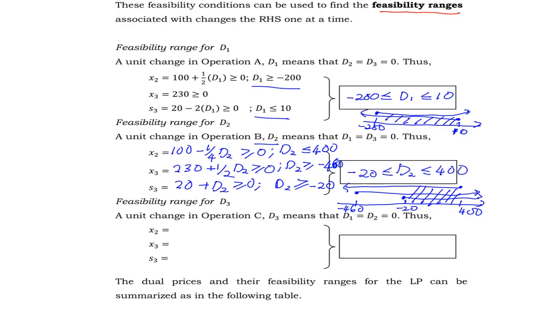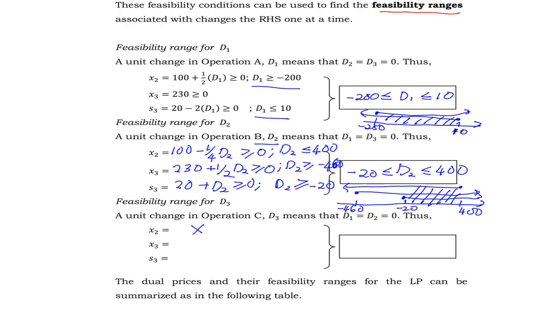Okay. Third feasibility range, a unit change in operation C, D3, means that D1 equals D2 equals 0. Okay, so for the first condition, is there any D3? There's no D3, right? The first condition doesn't have D3.